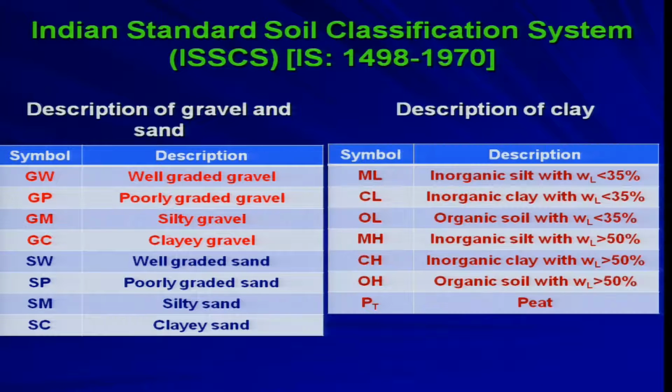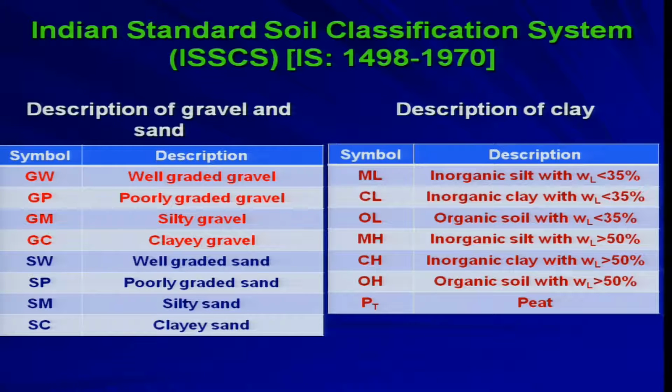Then similarly, we have the description for clay and silt. This is the description for basically the fine grained soil. Inorganic silt with liquid limit less than 35% will be denoted as ML.